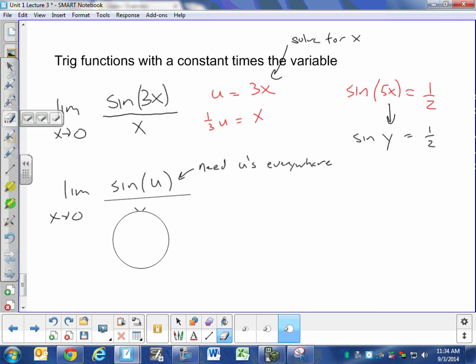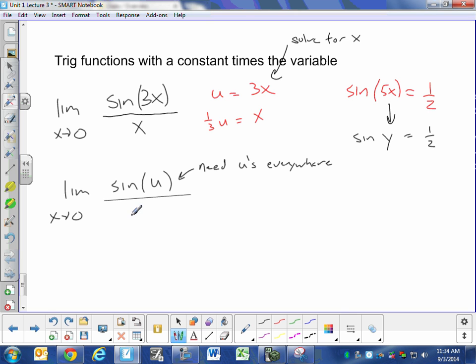So instead of this x down here, I'm going to say we have 1/3 u. And what's great is that as x is approaching 0, 1/3 u is going to also approach 0, or just u is approaching 0. You do not need to replace this with a 1/3 u.